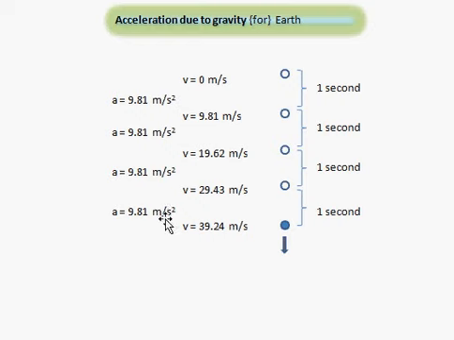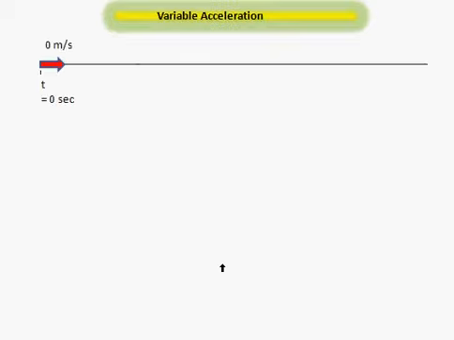This shows that the acceleration due to gravity for the Earth is constant, that is uniformly accelerated motion. This also gives us an understanding like this: whenever an object is approaching the Earth, the velocity increases at an acceleration of 9.81 meters per second square. Okay, with this understanding, let's move to the variable acceleration.